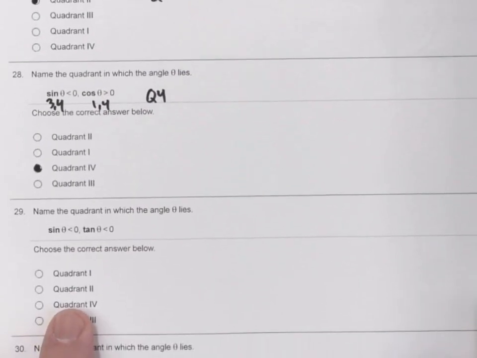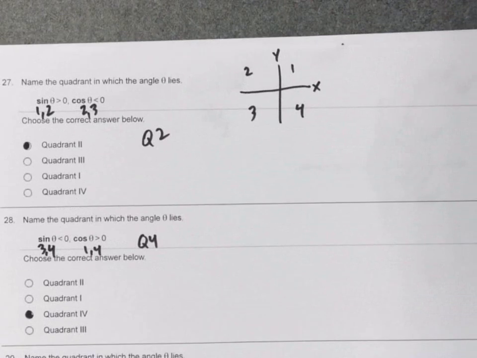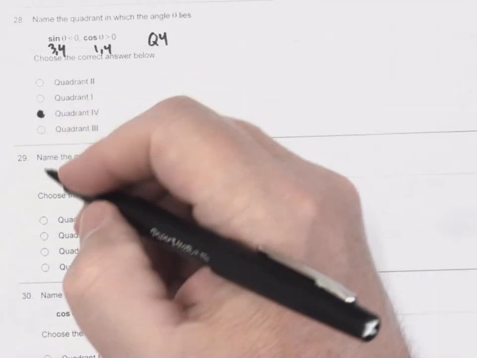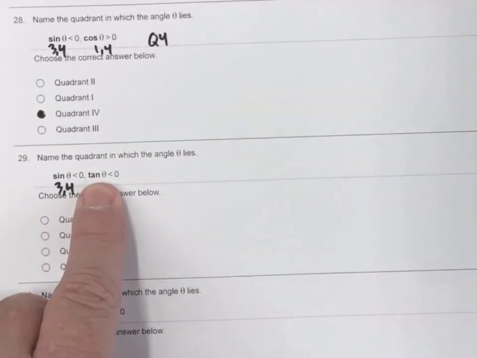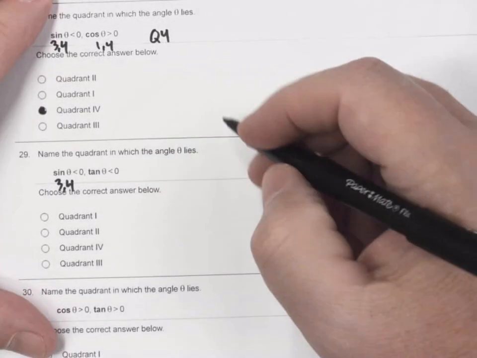This next one, sine of theta less than 0, which means sine of theta negative. Where's the sine of theta negative? Sine's like y, so it's 3 and 4. And then tangent is less than 0. Where's the tangent negative? That's a little tricky because you have to remember that tangent is sine over cosine.